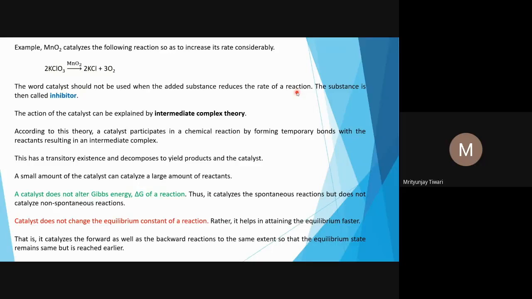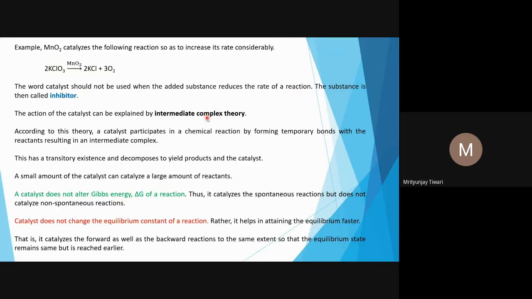Do not call the substances which decrease the rate of reaction a catalyst or a negative catalyst. We use a different term for such substances and we call them inhibitors.